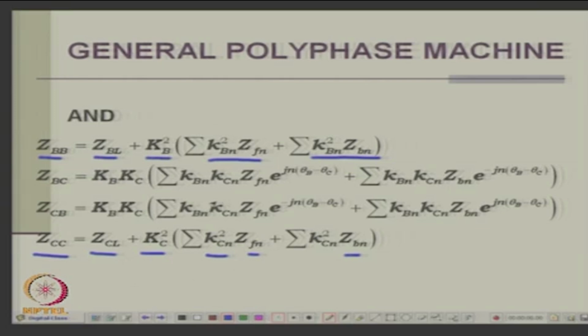There is no problem of phasor, but there is phase displacement. The voltage induced in B due to C, or in C due to B, will depend on the angle between them.